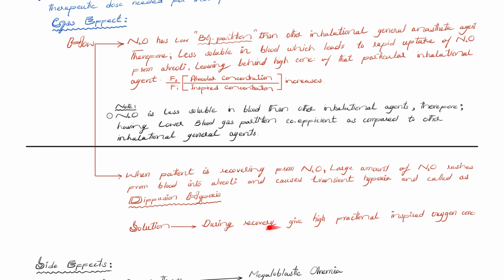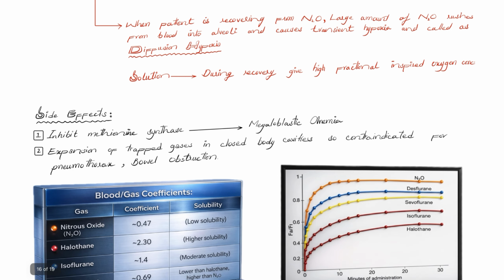The solution is to give a high fractional inspired oxygen concentration during recovery. Now, a side effect of nitrous oxide: it inhibits methionine synthase, which normally converts homocysteine into methionine, and methionine is used for DNA production. So when there is no DNA synthesis, this leads to megaloblastic anemia. Remember this, it expands the trapped gases in closed body cavities. So that's why it is absolutely contraindicated in pneumothorax and bowel obstruction.